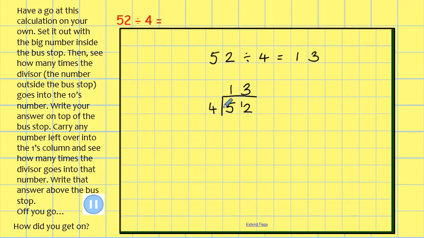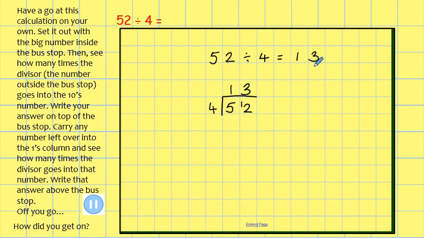We're not actually dividing it into 50. And then you look at each individual number as a separate thing. So 52 divided by 4 equals 13.